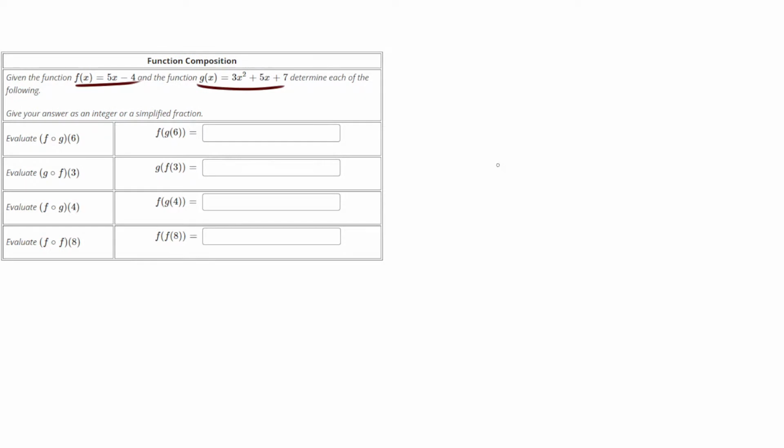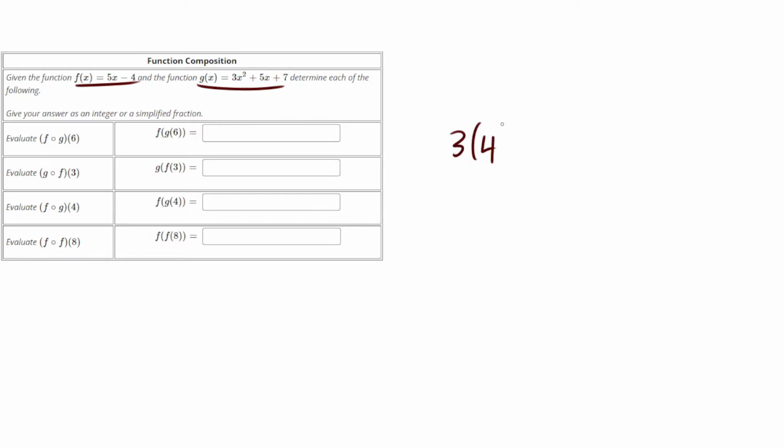So if we have f of g of 6, first we'll do g of 6. So that's going to be 3 times 6 squared plus 5 times 6. I'm going to do g of f of g of 4 instead, because then I won't have to deal with as big of numbers.